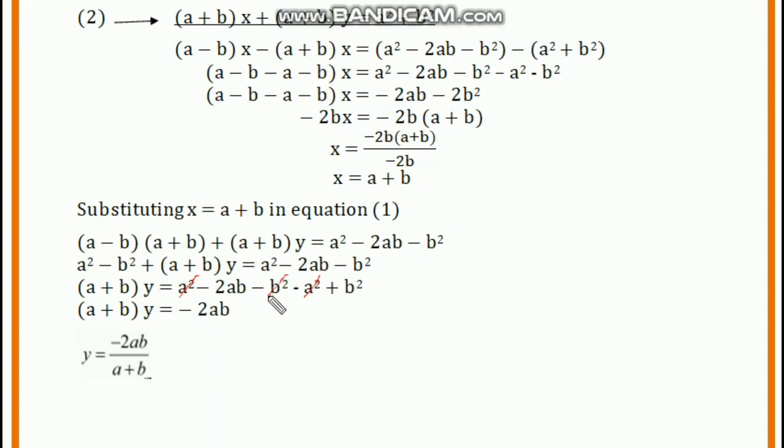Here also minus b square and plus b square will be cancelled. Then what is remaining? Minus 2ab. So therefore y equal to minus 2ab divided by (a plus b). We found the value of x and y. Here they are given some variables, but that is very easy to find. I hope you all understood this sum.